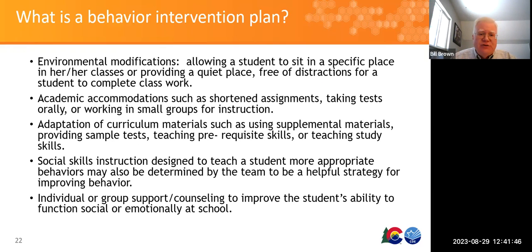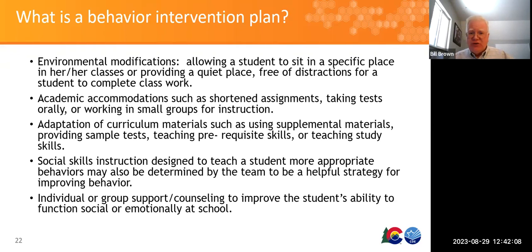So the behavior intervention plan and modifications might be allowing a student to sit in a specific place in the classroom, providing a quiet place that's free of distractions for them to complete their work. It may be having two different desks, maybe a standing desk and a sitting desk. They might put in some kind of accommodations.